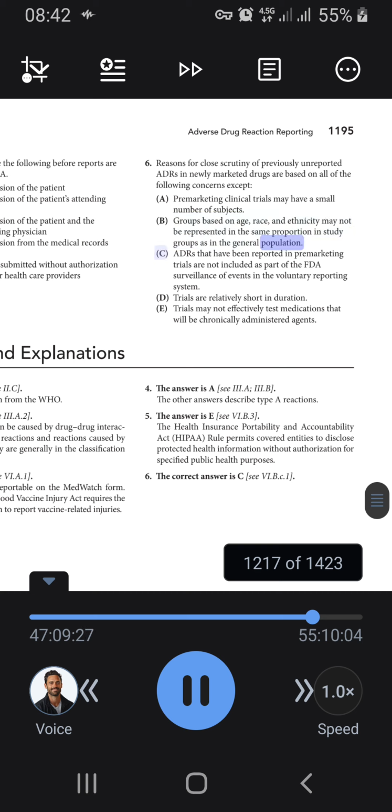C. ADRs that have been reported in pre-marketing trials are not included as part of the FDA's surveillance of events in the voluntary reporting system. D. Trials are relatively short in duration. E. Trials may not effectively test medications that will be chronically administered agents.